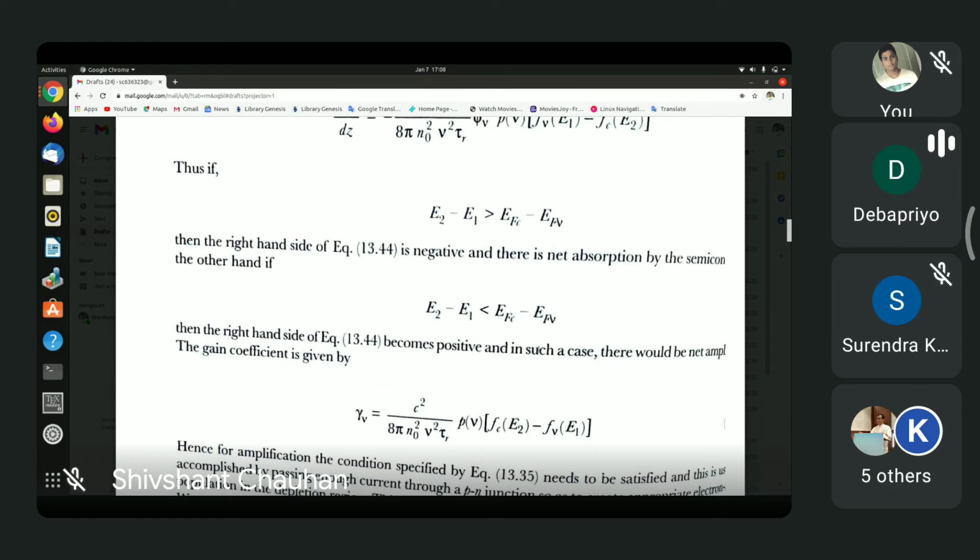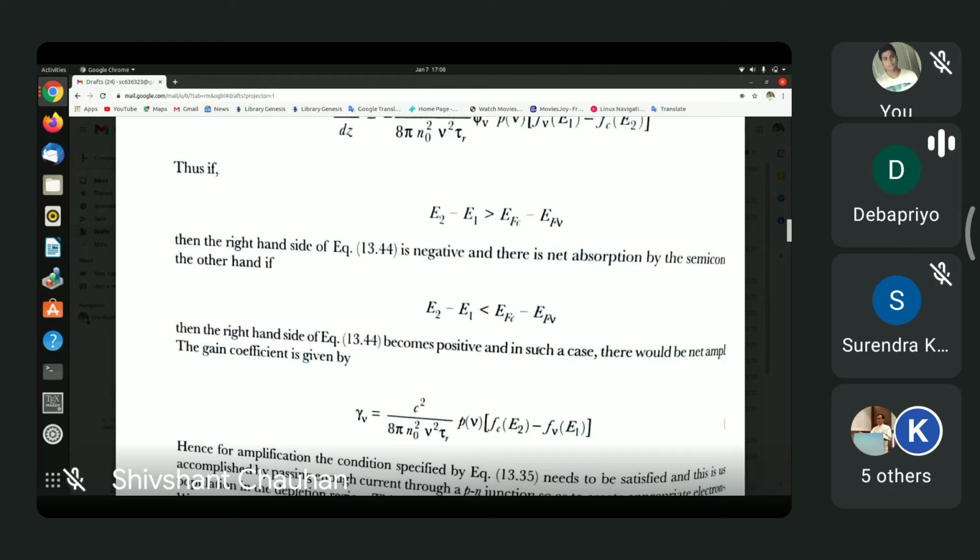I have already mentioned what P nu is. It is the joint density of states. Then that expression, which we have already explained, is the same as Fc(E2) into 1 minus Fv(E1), in the pages that we have encountered earlier from another book.